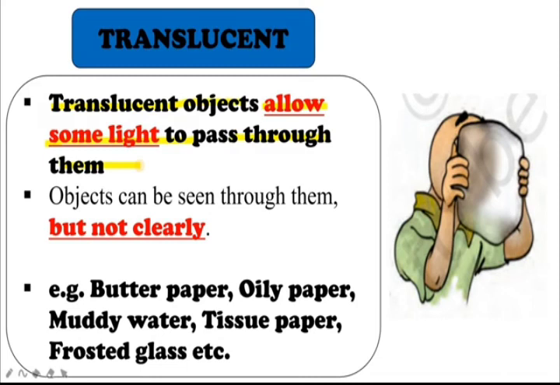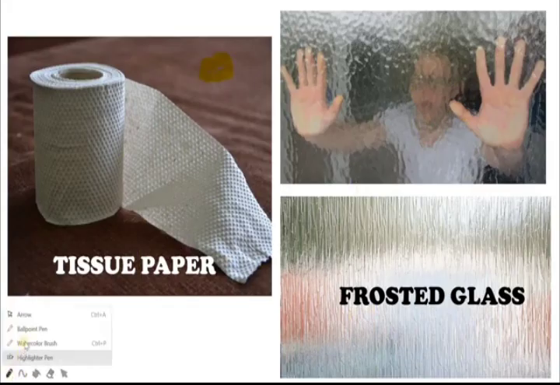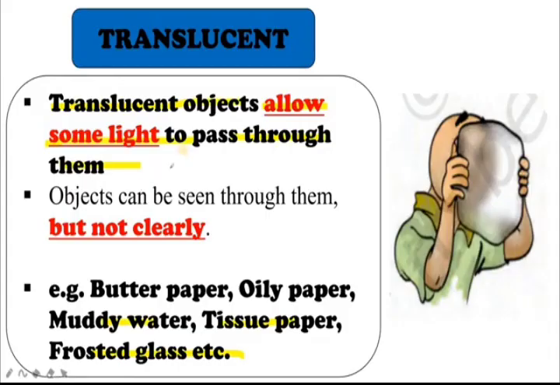Examples like butter paper, oily paper, muddy water, tissue paper, frosted glass, etc. These are the examples of translucent objects. And translucent objects mean what? Which does not allow the whole light.